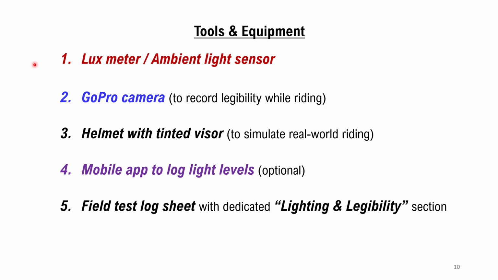The list of tools and equipment required to conduct the aforementioned test includes lux meter or ambient light sensor, GoPro camera to record legibility while riding, that is exclusively for the purpose of recording, helmet with tinted visor to simulate real-world riding, mobile app to log light levels.